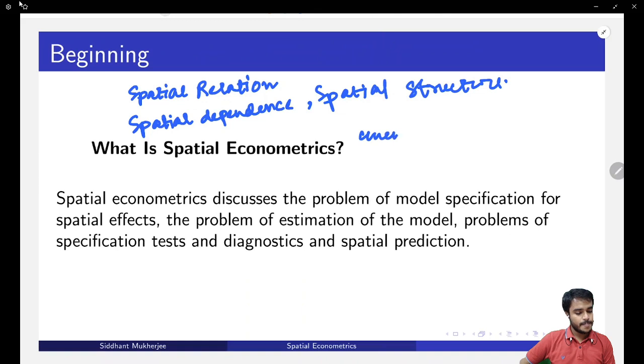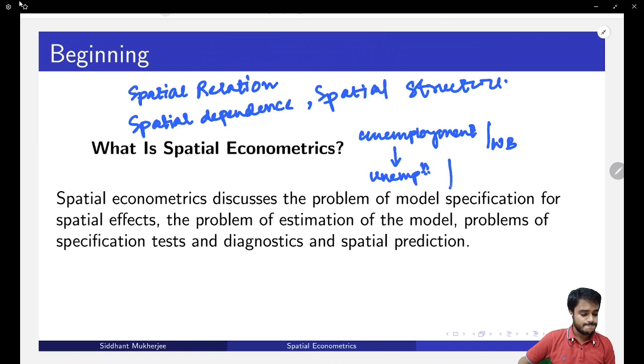For example, is the unemployment rate in West Bengal locationally dependent on the unemployment in Bihar, or is the unemployment of West Bengal locationally related with Odisha?